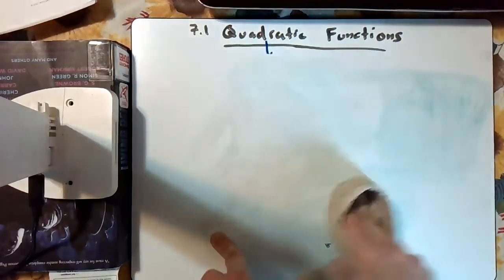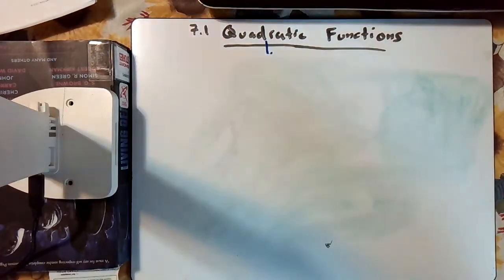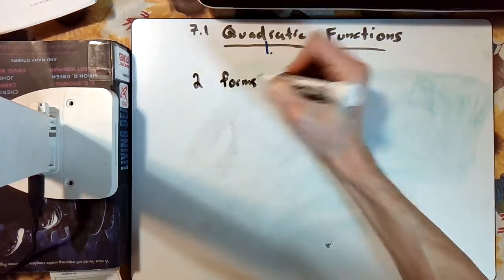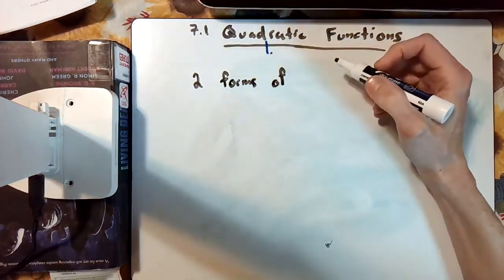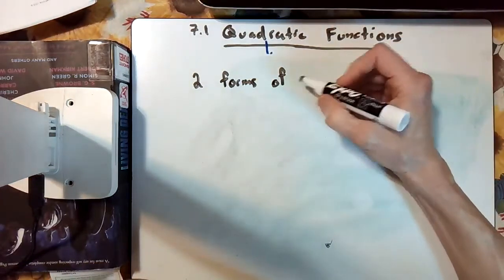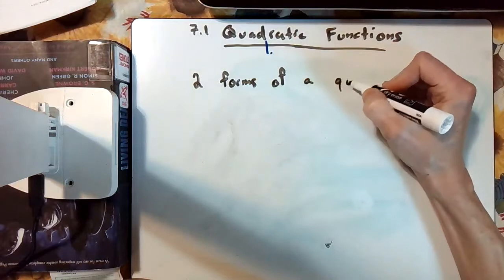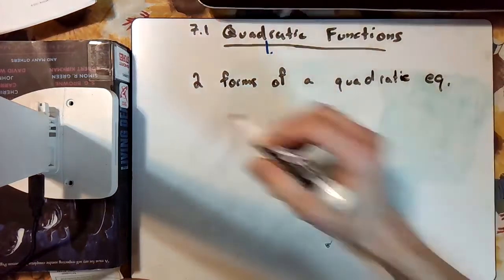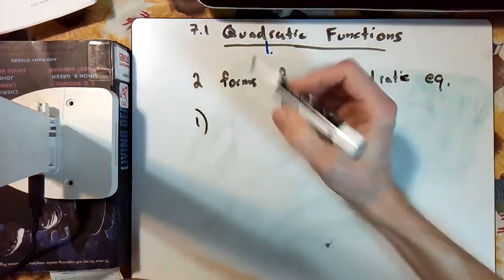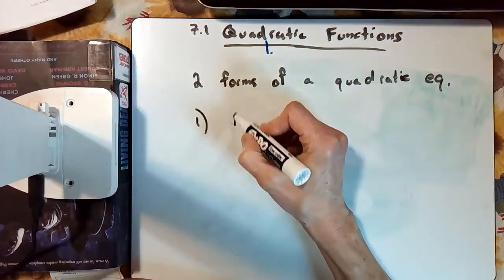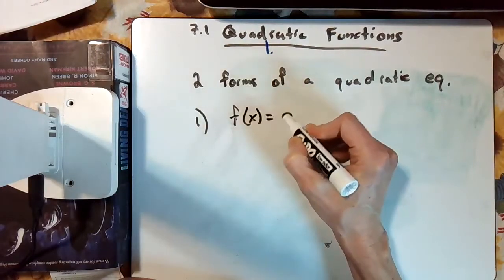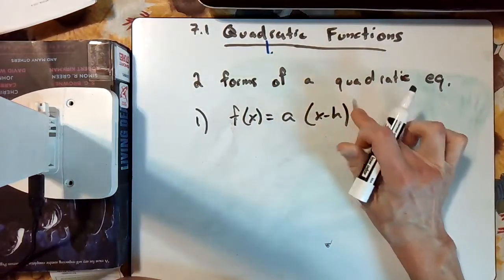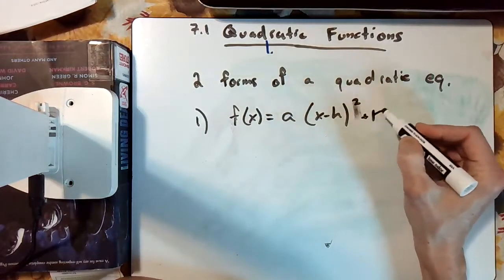Now there's two ways that you'll typically see a quadratic function written out, or two forms. And one way you definitely have seen before when you have solved a quadratic equation or used the quadratic formula. So, two forms of a quadratic equation. The first one is f of x equals a times x minus h squared plus k.